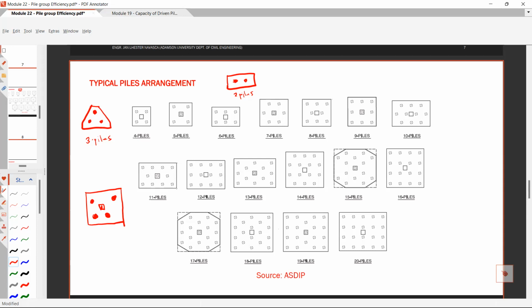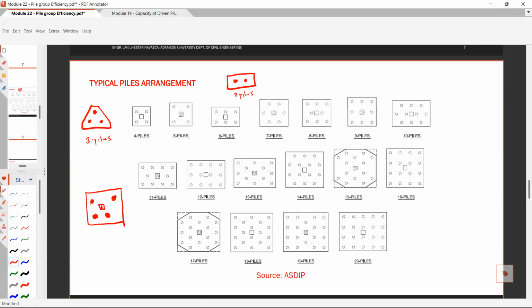So what will happen? Okay? Nire-design yung pile cap, kasi yung piles hindi na ma-design ulit since given na talaga yung diameter of the piles and the capacity of the piles. Kasi based on geotechnical report, given na siya.